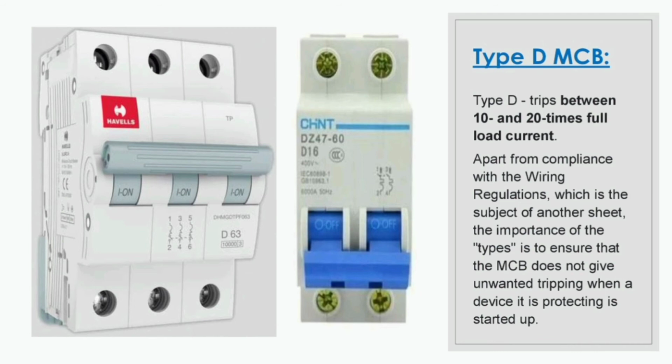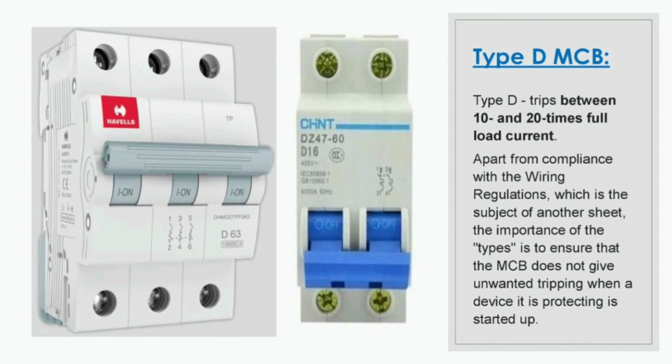This type of equipment will be there, for high rated grinding machines, as well as machinery equipment in manufacturing industries. So mainly we can use this D type of MCBs in those areas.